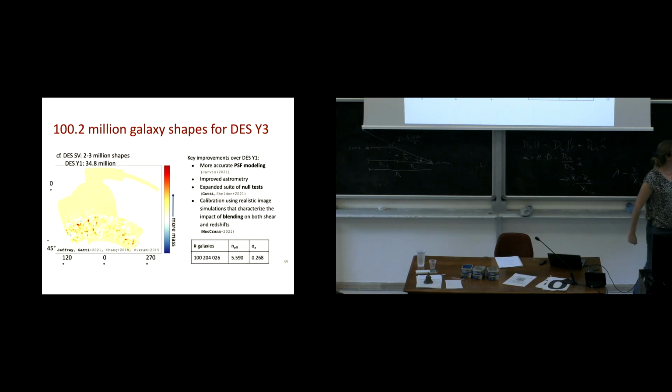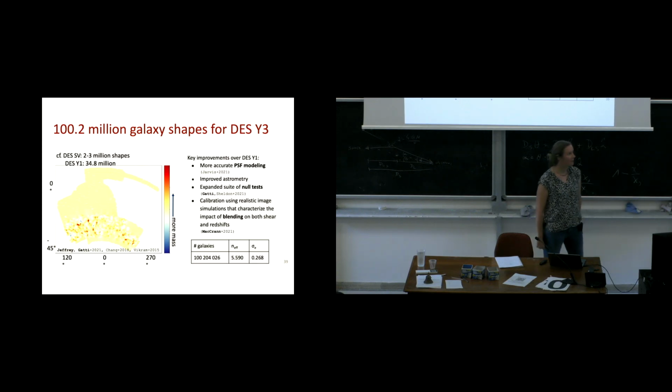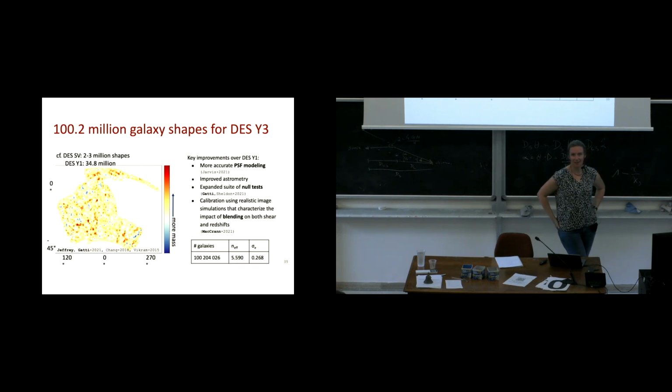This image shows you here how our data set increased from science verification to year 1 to year 3. Importantly, here we have more accurate point spread function modeling, improved astrometry, a vast suite of null tests, which, for example, involves cross-correlating galaxy shapes and stellar shapes, which would tell us about a spurious signal from the point spread function, because, of course, stars are point sources and definitely uncorrelated with galaxies.